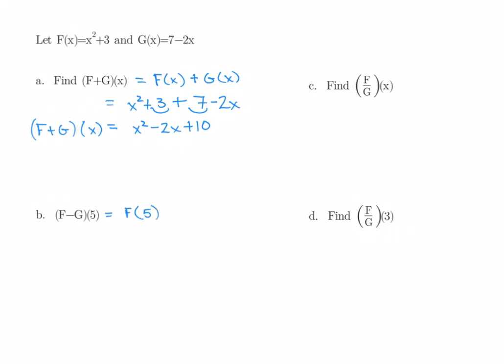Let's go ahead and find f of 5 and g of 5. So f of 5, if we plug it into our f equation, we get 5 squared plus 3. This is 25 plus 3, or 28.